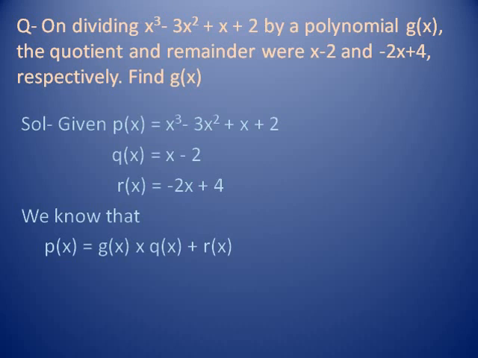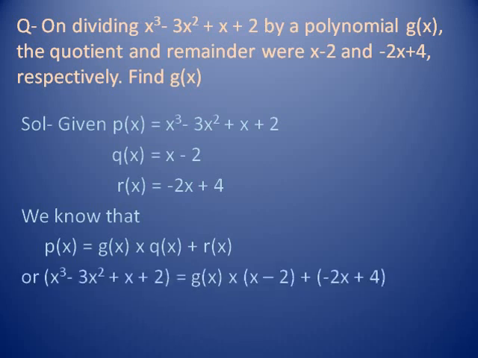So we will substitute all the values here. We write x cube minus 3x square plus x plus 2 in place of px. Then gx, which we need to find, multiplied by x minus 2, plus minus 2x plus 4. First we'll take this remainder, minus 2x plus 4, to the left side.